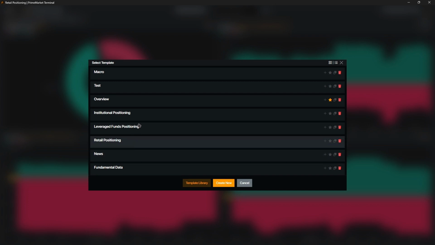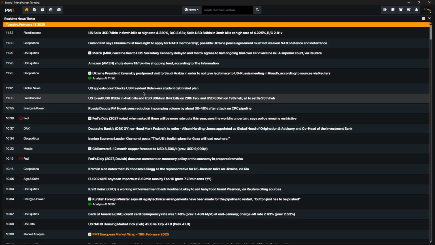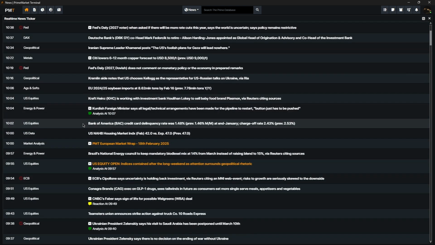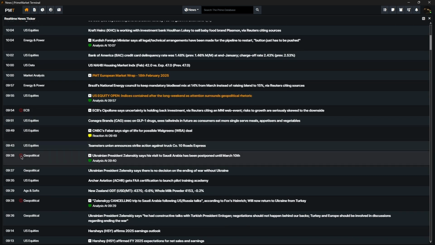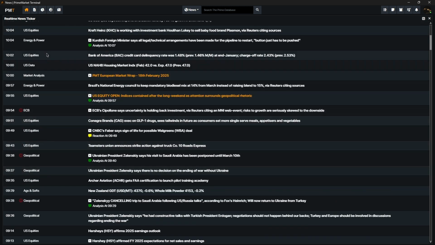Next, you have news, and this is actually a feature that I use a lot, and I use it every day, and this feature is actually really good. It basically makes market make sense. So we can look at, for instance, right here. So this was a market mover. As you can see, it has a red exclamation mark. So whenever it has this, it usually means that it's an important news event. And by the way, this is just, as it says, a real-time news tracker.